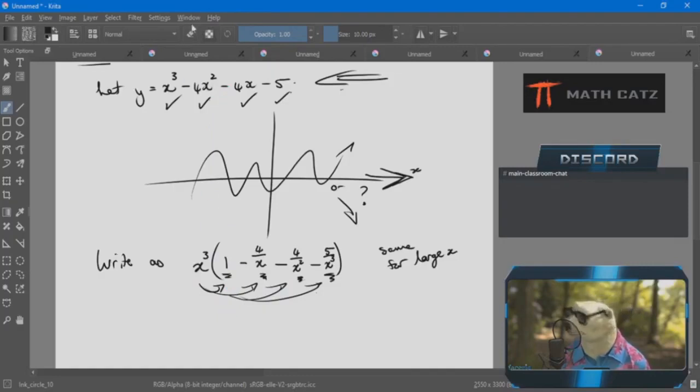Let me just make some space here. Let's erase this a little bit so I can just focus on one of them. My eraser is so small, so tiny. Let's suppose I'm looking just at those two.